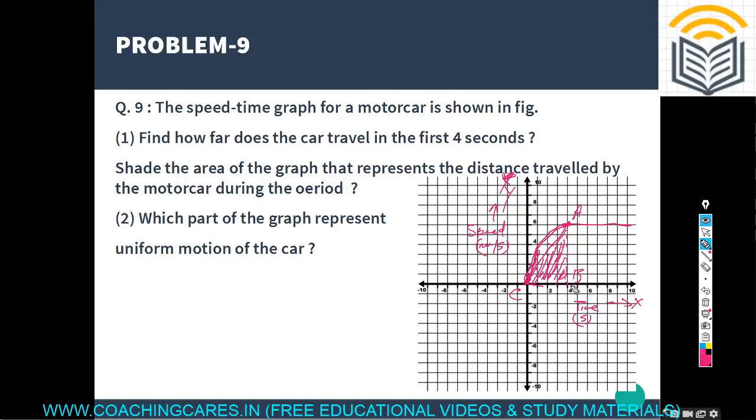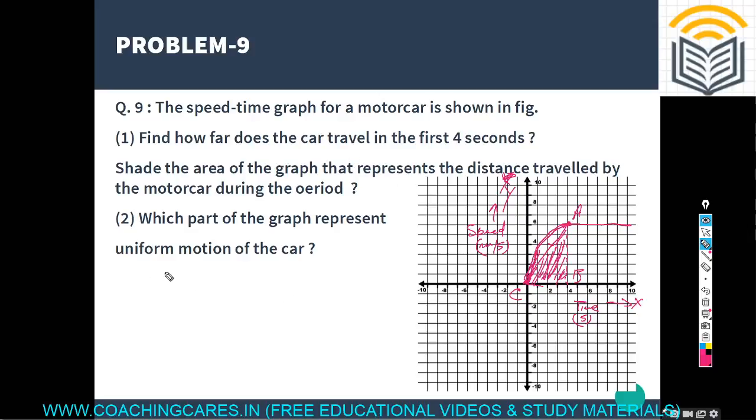This is the question. So this is the 4 second mark, and after 4 seconds this is the speed it attains, 6. So it is asking how far, I mean distance.